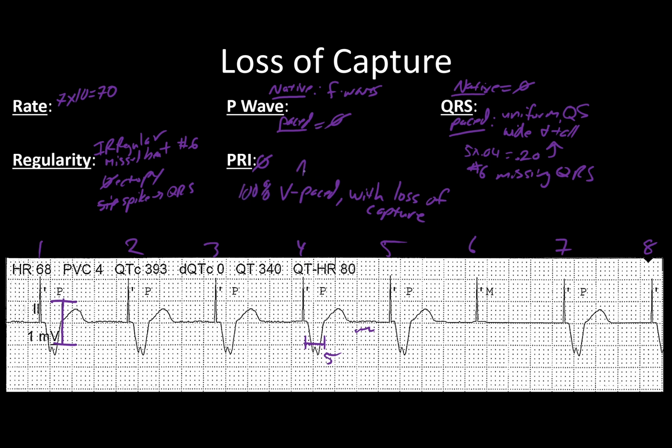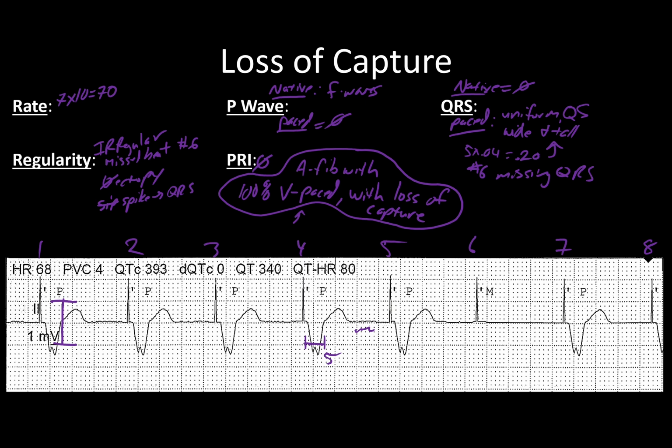In fact, you could even add on AFib with 100% V-paced with some loss of capture if you wanted to do the absolute maximum. In this case, it wouldn't be inappropriate to just say V-paced with loss of capture because that really does sum up what's going on. But you went to the effort to say those look like F waves, so I'm going to go ahead and make mention of that.